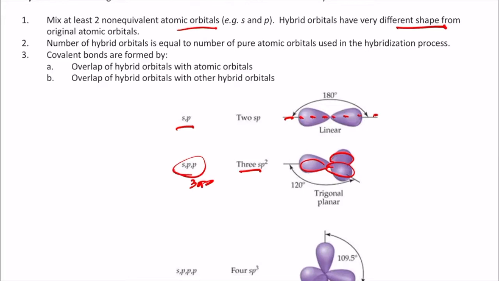If I look from the top, what would it look like? Just from straight up, it would look like this, and this bond angle would be 120 degrees. This is trigonal planar. And as we just saw, 4 atomic orbitals, an s and 3 p's, gives me 4 hybrid orbitals, sp3 hybridized orbitals, and that adopts the tetrahedral shape with the bond angle of 109.5. These are all good bond angles to know.